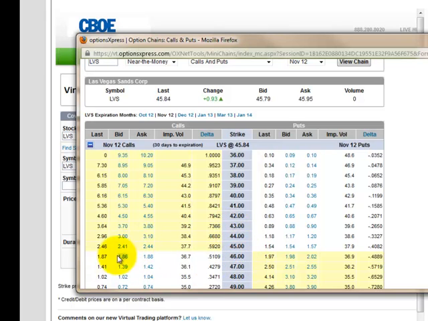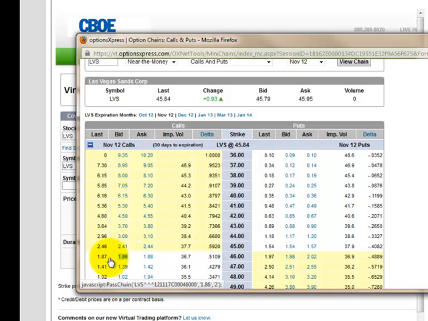Now you can see there it's in the white section, and the yellow section means it's below the current price. These are the strike prices, or the exercise prices, and you would have seen some of that information explained to you in the home study. So these are the exercise prices here.